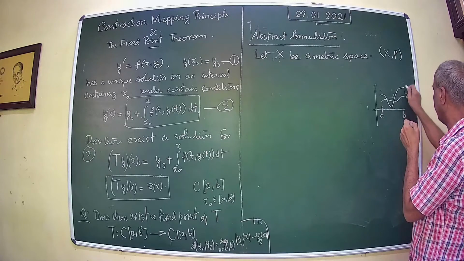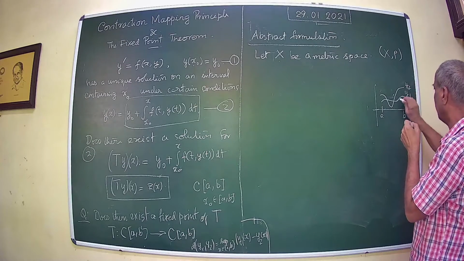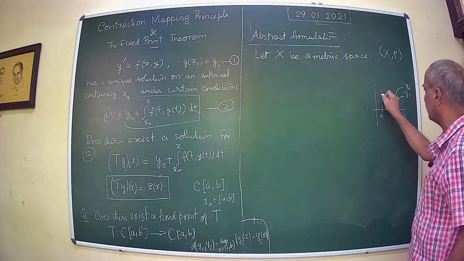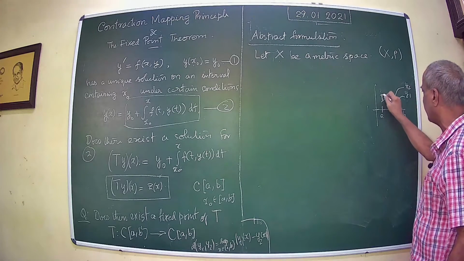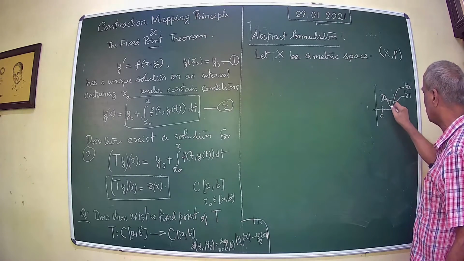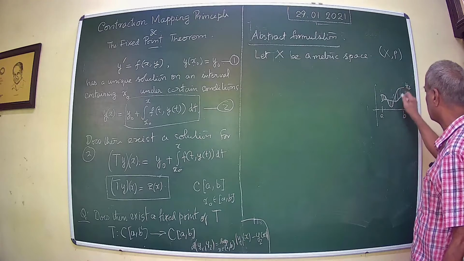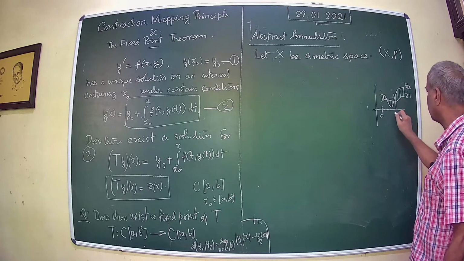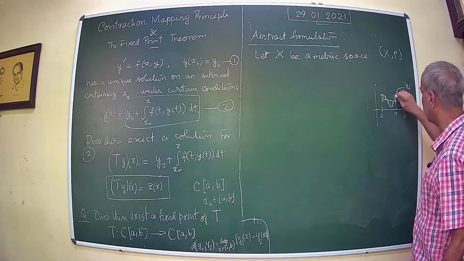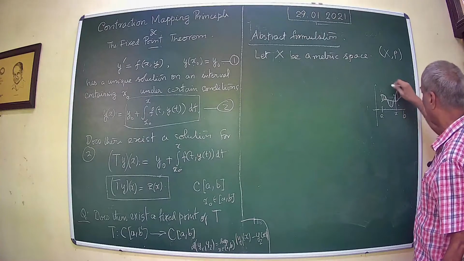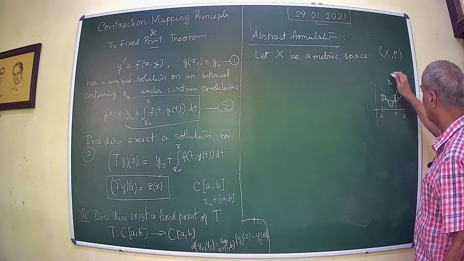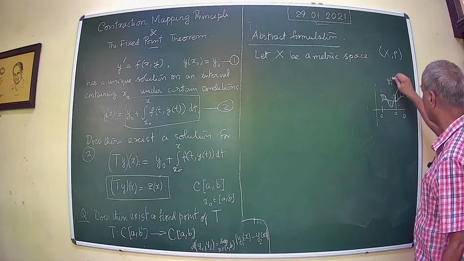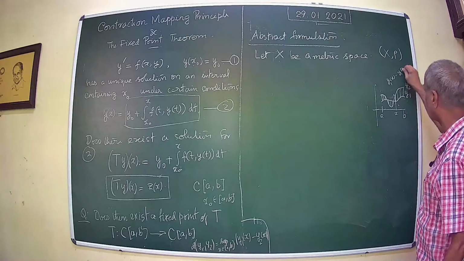So this is y1, this is y2. Then what you are looking at is the distance between these two functions at every point. You are measuring. For a particular x, this distance is y2(x) minus y1(x).